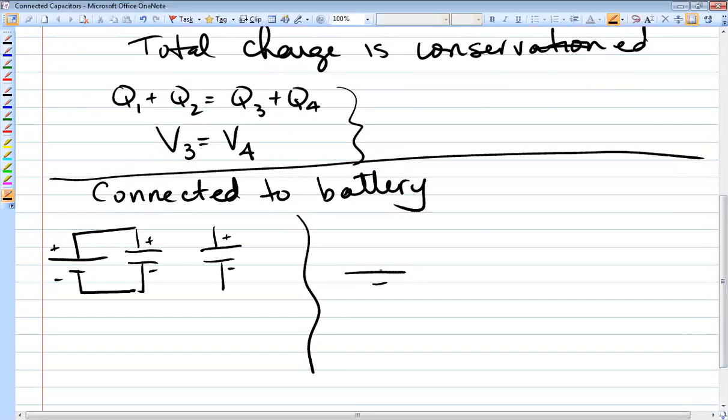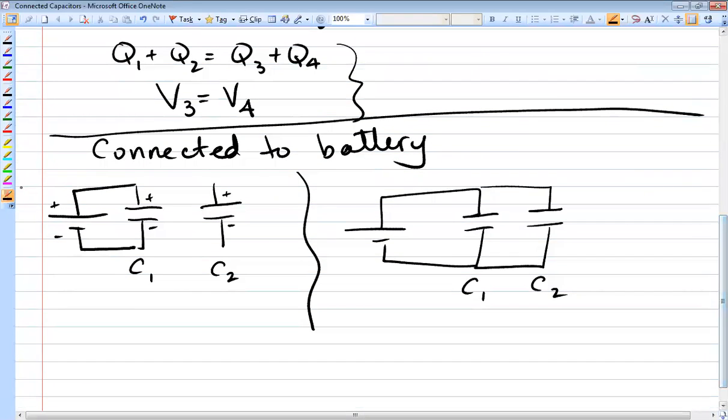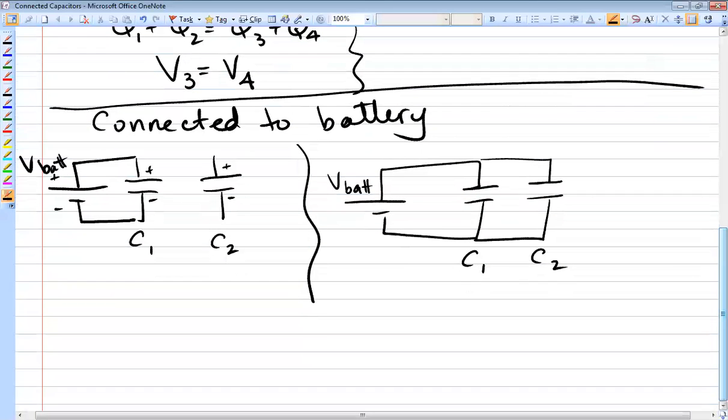And then after, we leave the battery there and we connect the second capacitor in parallel with it. So it would be C1 and C2. Remember, those don't change, no matter what we do. Now the voltage of the battery, I'm going to call V bat. That doesn't change either. We're not going to wreck the battery by doing something extreme, so that stays the same. Initially this will have a voltage V1, this will have a voltage V2, this will have a charge Q1, this will have a charge Q2, and after, Q3, Q4, V3, and V4.